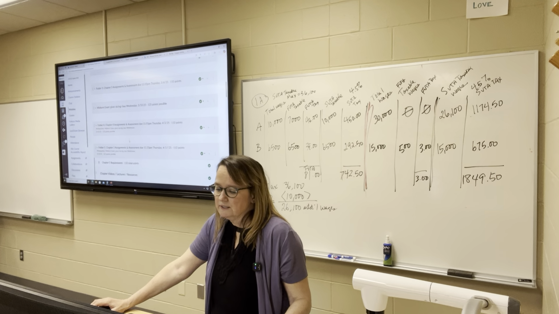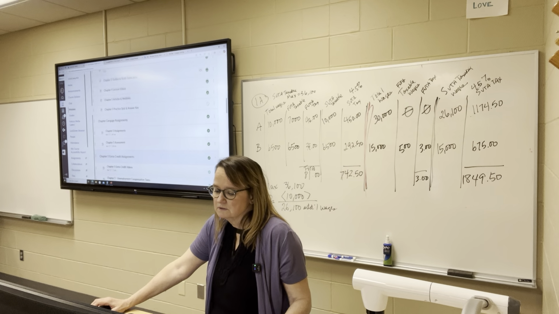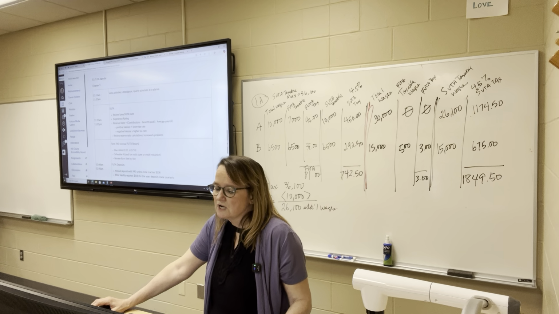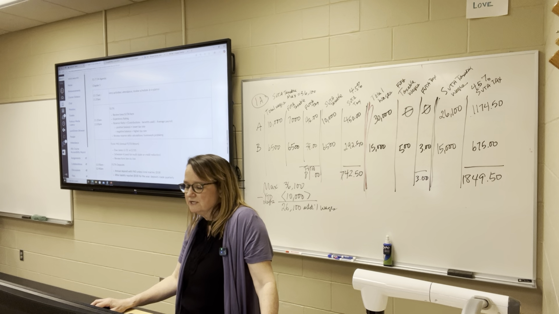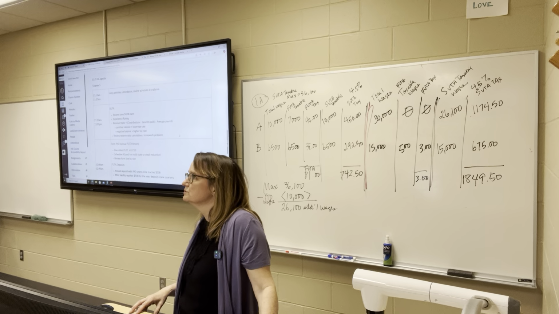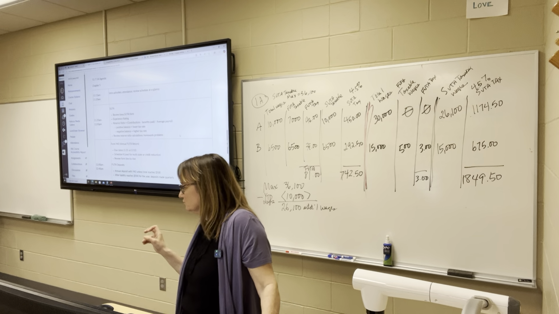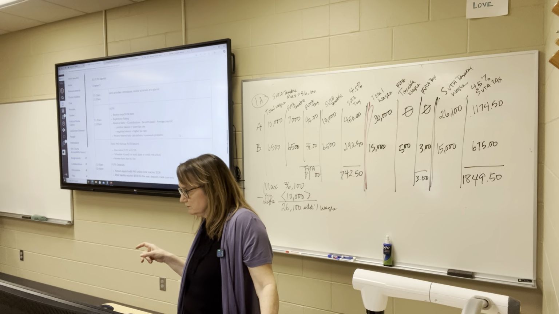We're going to start talking about, I can't believe I didn't save that, this concept of experience rating. This is what states use to determine the tax rate that they charge employers.